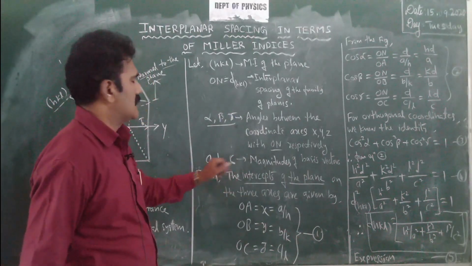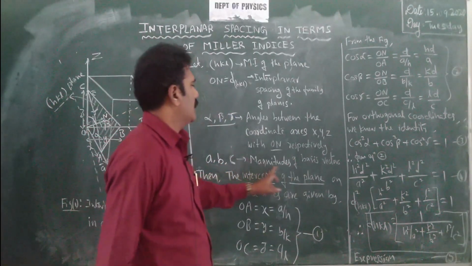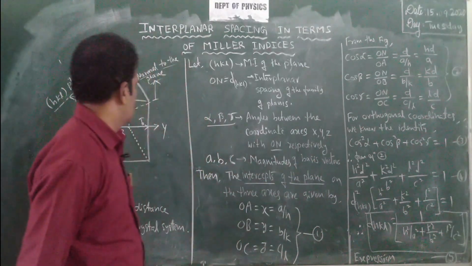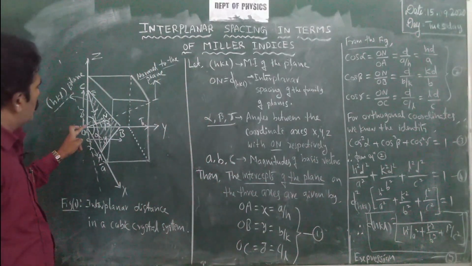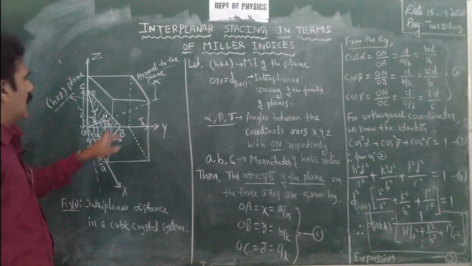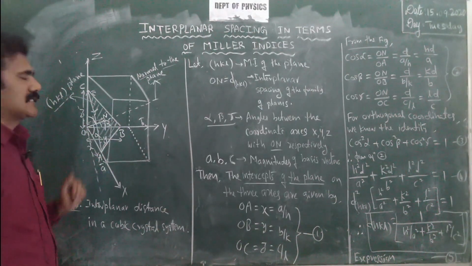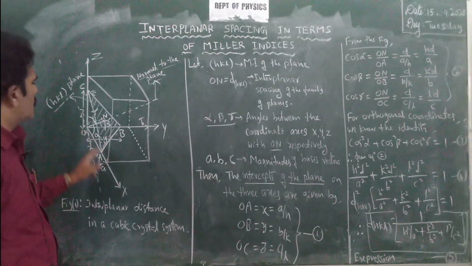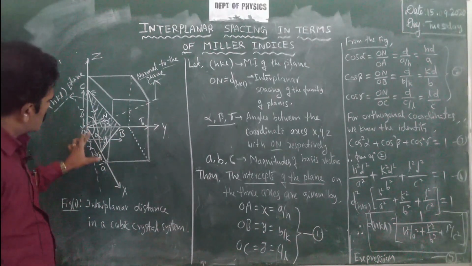Now what are these a, b, c, you know? a, b, c are the magnitudes of the basis vectors, I said. You can consider any one corner as the origin. The three mutually perpendicular axes are nothing but the basis vectors, right? This is the basis vector a bar.